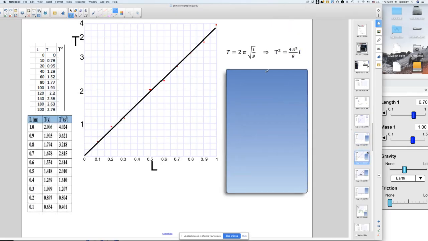Therefore, the slope is going to equal whatever number we get, call it m, but that m is going to equal 4 pi squared over g.